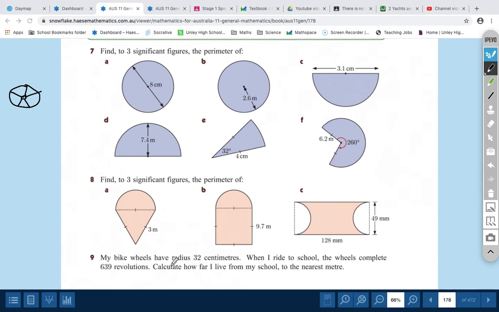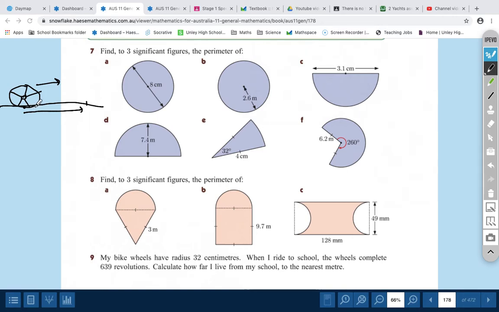639 revolutions. So what's happening there is, this is the ground here, and when the wheel's rolling around, say it's going that way, by the time it rolls around once, it's gone some distance from that point, and then it's come back again.